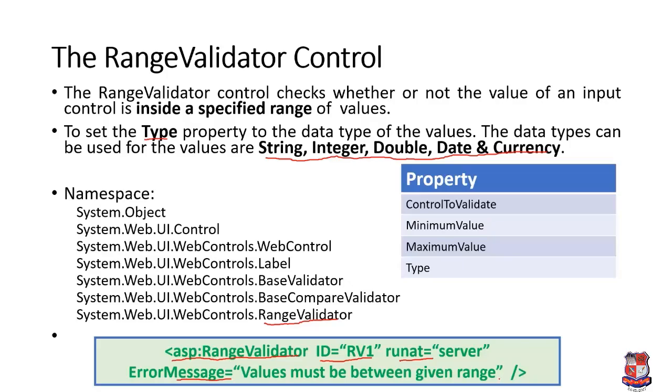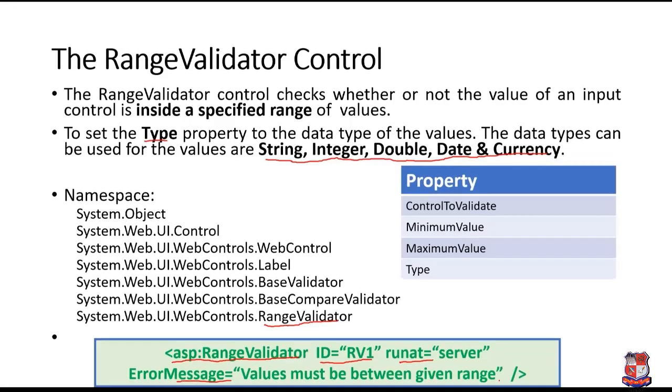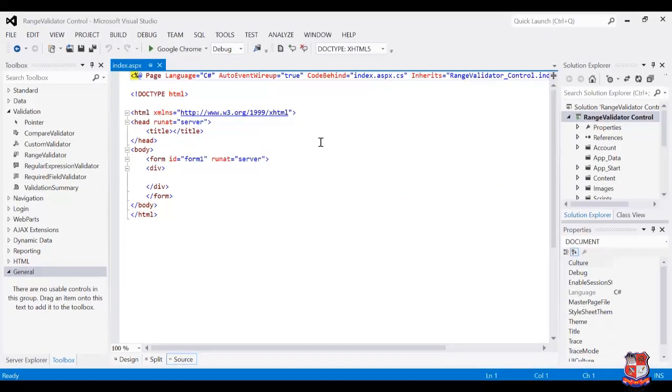Now we'll see an example for the range validator control in Visual Studio. So in Visual Studio, I already took a project with the name range validation control, and this project is a web application. I already added a web form into this project, and that is index.aspx.